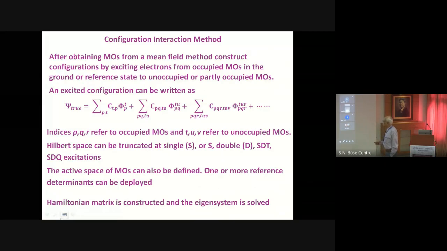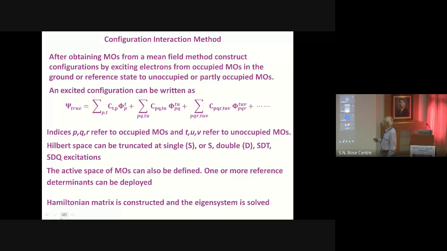Well, what we mean by configuration interaction methods is the following. The true wave function is actually not just a single determinant wave function, but it also involves wave functions which involve excitation from the pth occupied orbital to the tth empty orbital.